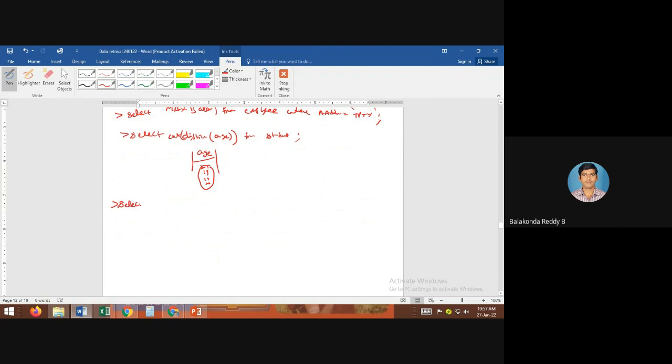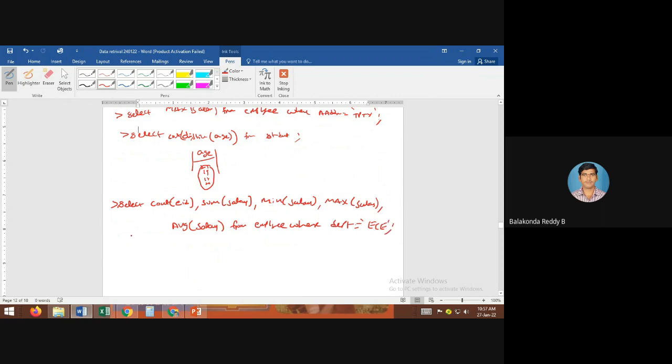Select count of employee ID, comma, sum of salary, comma, min of salary, comma, max of salary, comma, AVG of salary from employee where department equal to ECE.